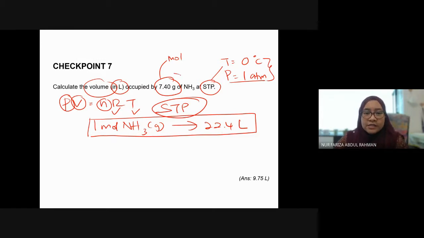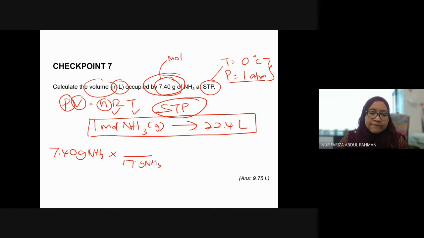If we have 7.40 gram, what will be the volume? We convert this into mole first. 17 gram of NH3 is the molar mass, for 1 mole of NH3.